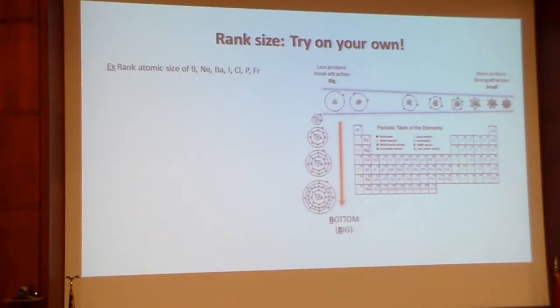Find on the periodic table where they are. We have boron, neon, barium, iodine, chlorine, phosphorus, and francium.